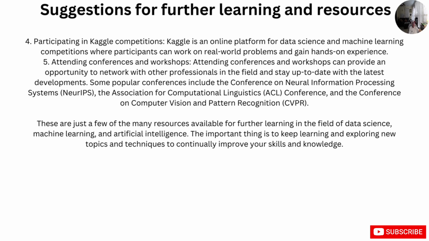Attending conferences and workshops can provide opportunities to network with other professionals in the field and stay up to date with the latest developments. Some popular conferences include the Conference on Neural Information Processing Systems, the Association for Computational Linguistics, and the Conference on Computer Vision and Pattern Recognition.